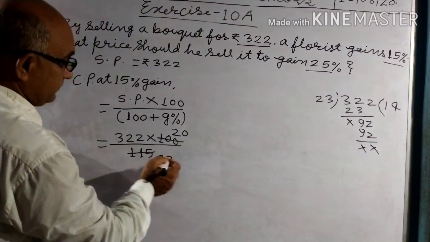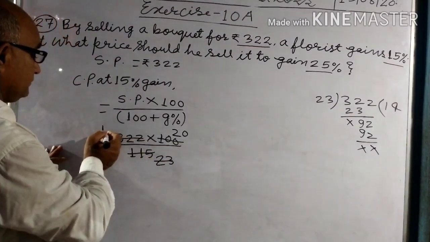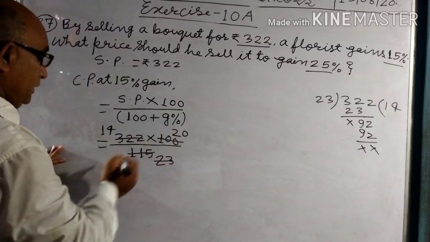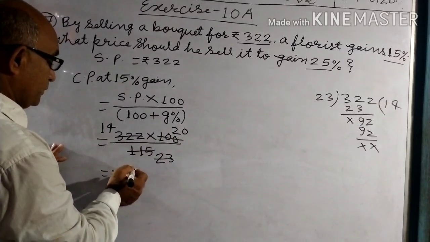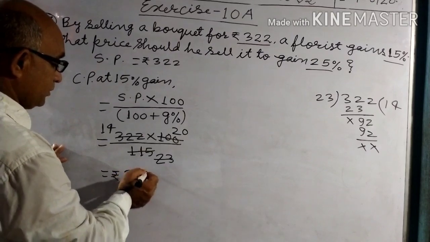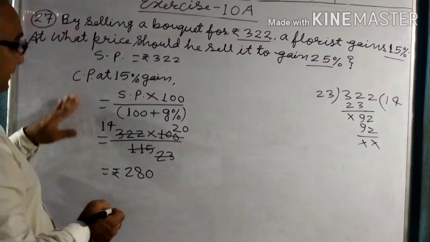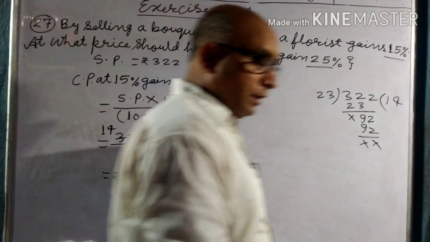So 14 times. 14 into 2, rupees 14 twos are 28 and 0. Rupees 280 is CP.